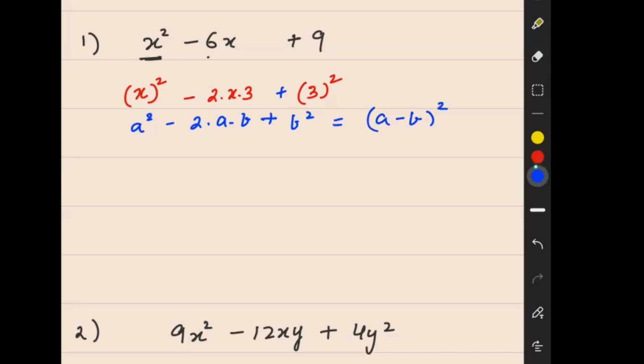Hence, I can write that the answer will be a minus b whole square. In this case, what is our a? a is x and b is 3. x minus 3 whole square is your answer. So this is the identity.